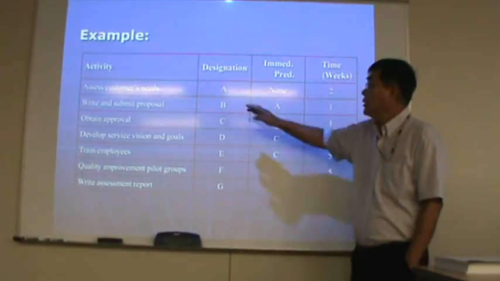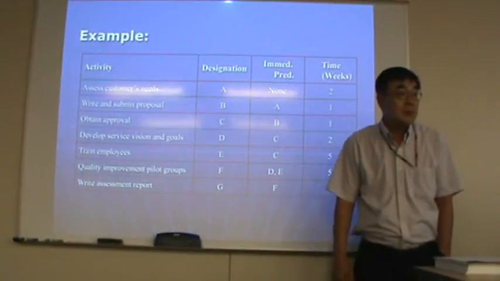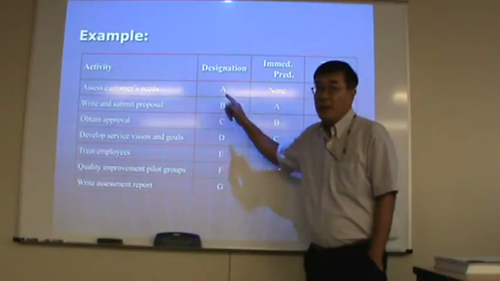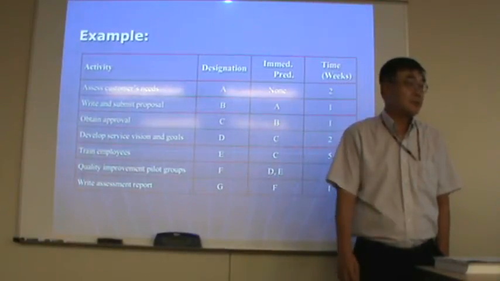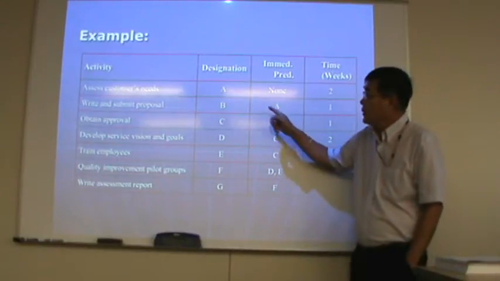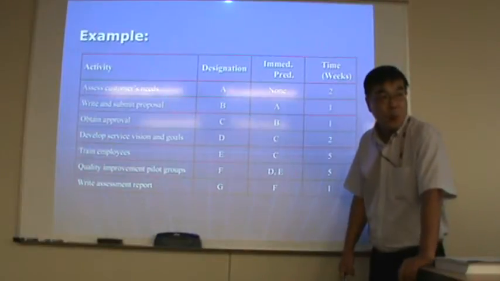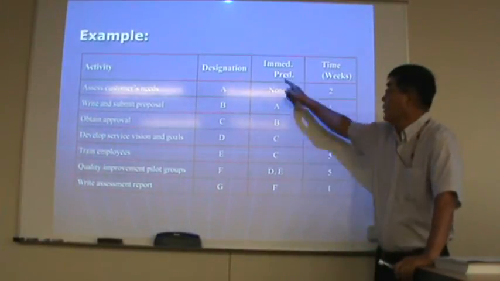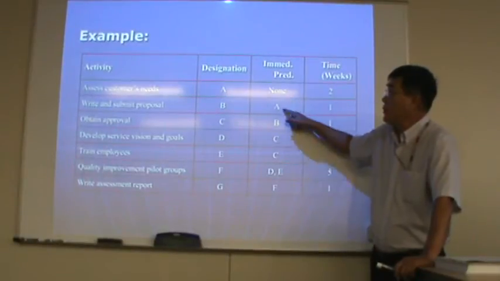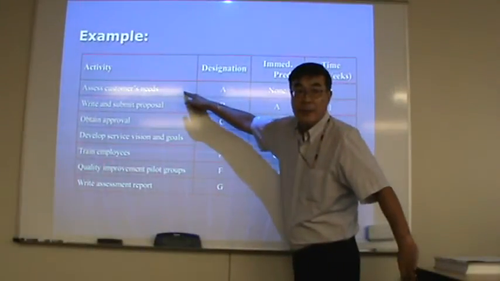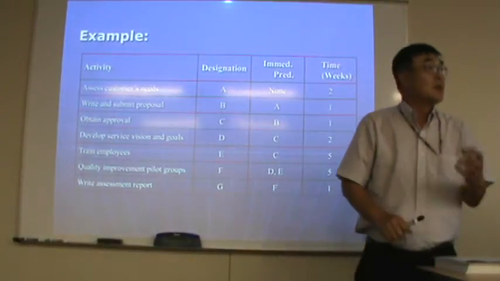Activity A doesn't have an immediate predecessor. That means activity A is the starting point of this project. And then activity B, write and submit proposal. The immediate predecessor is A. That means after activity A finishes, this one can start.